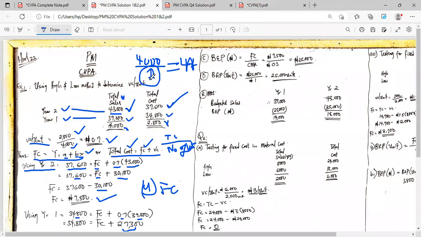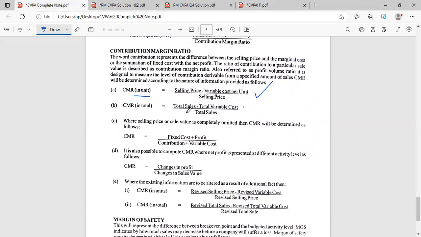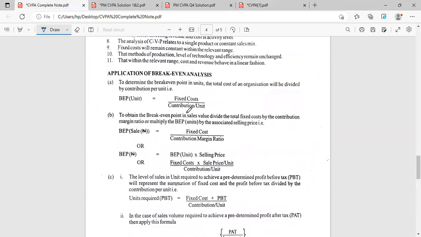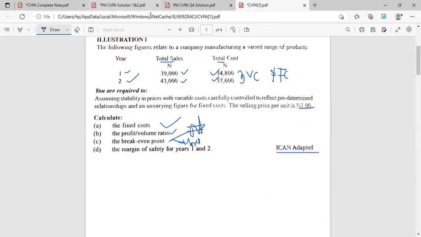Break-even point in naira, according to the formula, is fixed cost all over contribution margin ratio. So we already know what our fixed cost is, and we already know what our contribution margin ratio is. It's just very simple. Just slot that in.